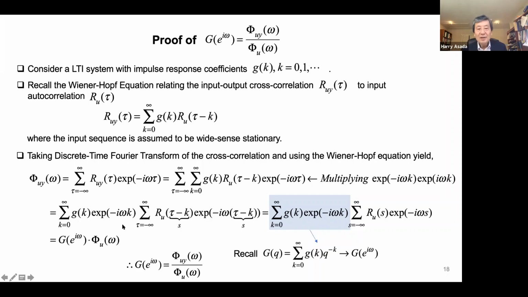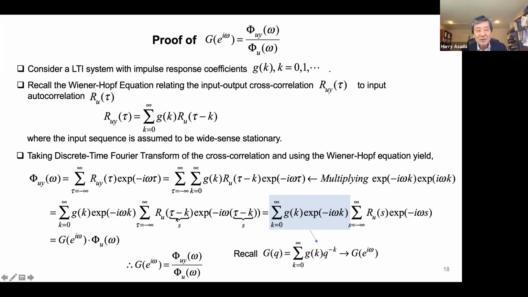The rest of the part: I take this exponential i omega k and combine it with the other exponential, resulting in exponential minus i omega (tau minus k). That corresponds to R_u(tau minus k) over here.